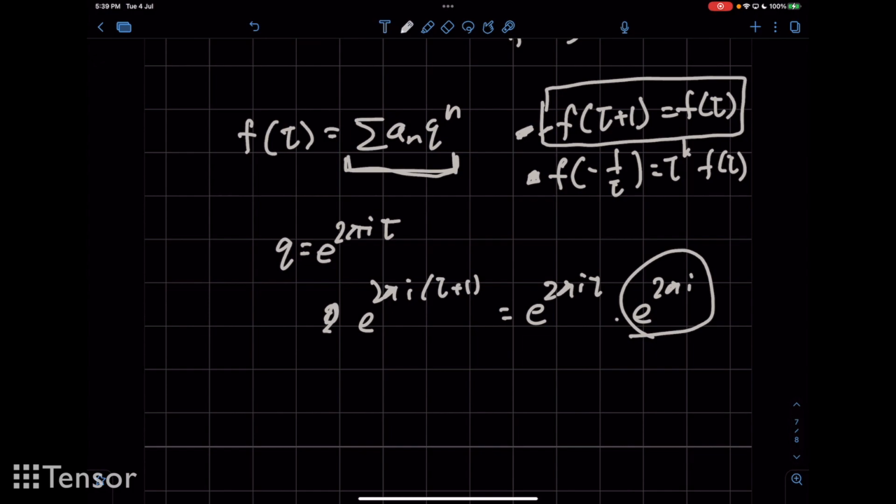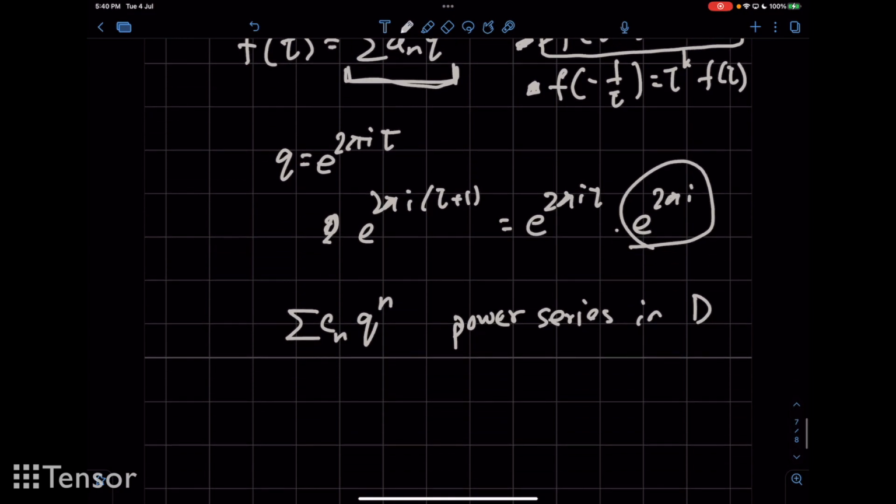And also, if we are given a power series, let's say the sum over c_n q to the n, in D, the unit disk, we are no longer in the punctured disk, because this power series starts from n equals 0. So this is holomorphic at the origin as well.